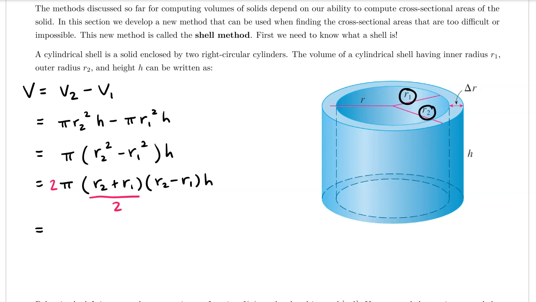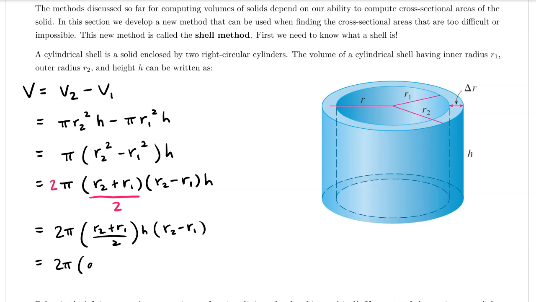So this is equal to 2 pi times r2 plus r1 over 2, and I'm just going to move the h over here, and then we have r2 minus r1. And that is equal to 2 pi times the average radius, times h, which represents my height, and then r2 minus r1 represents the thickness of my shell.